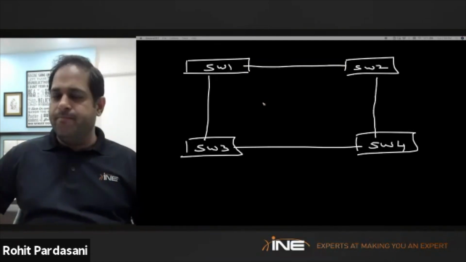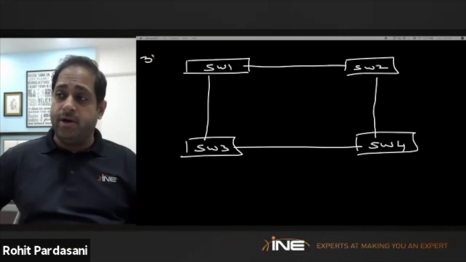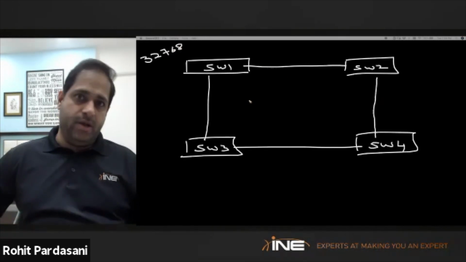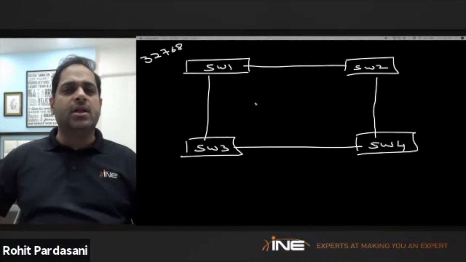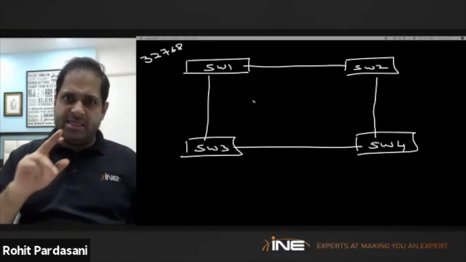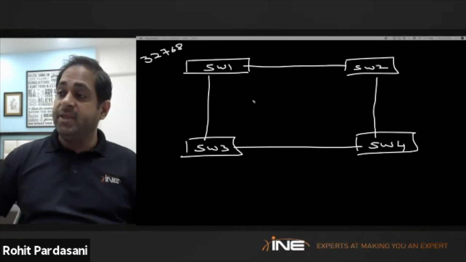Let's assume that all switches have the default system priority, which is 32768. And let's assume all the links are Ethernet, which means my STP cost for every link is going to be 100, correct?